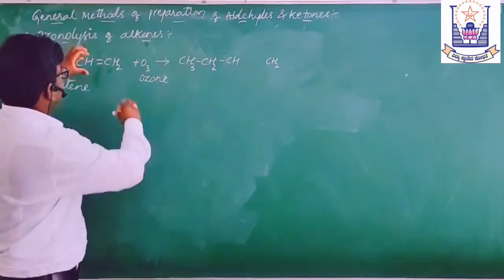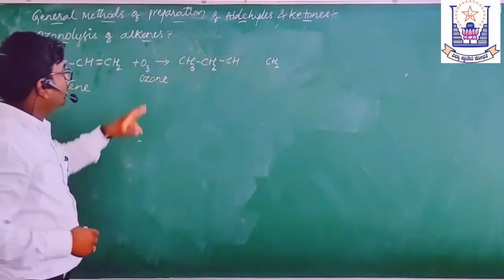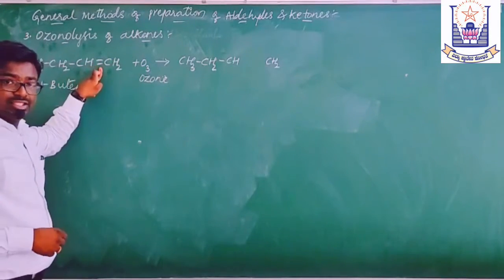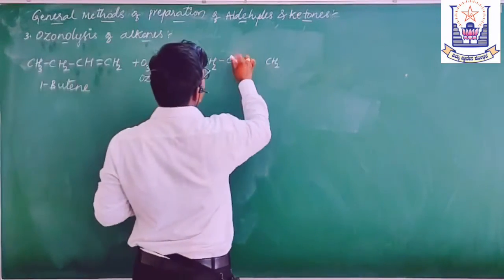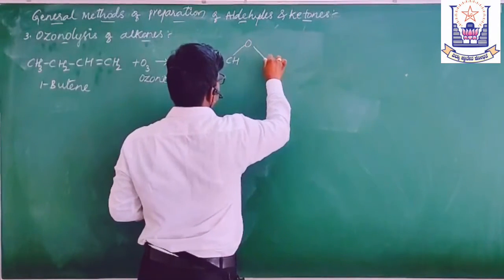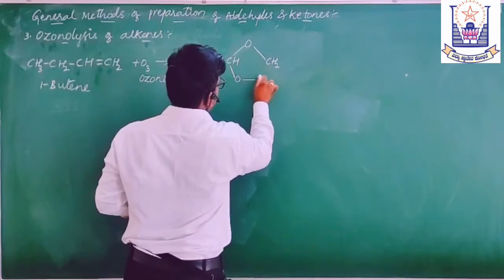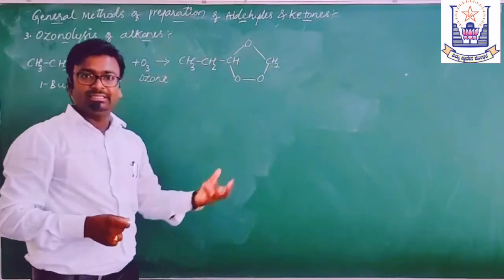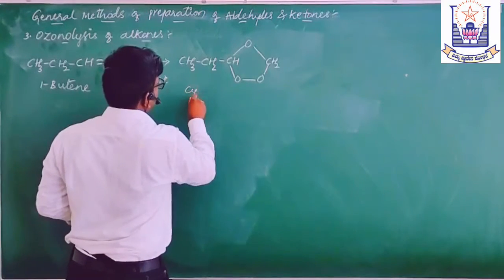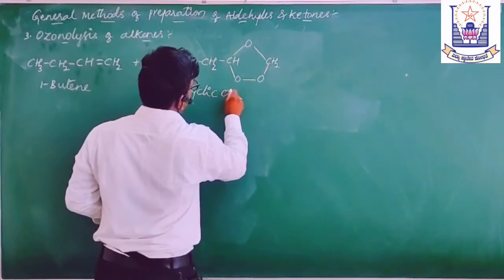These are separated now. Ozone is added and attacks the unsaturation like this. It will make a cyclic ozonide structure, with O3 inserted into this. Now it is called a cyclic ozonide.